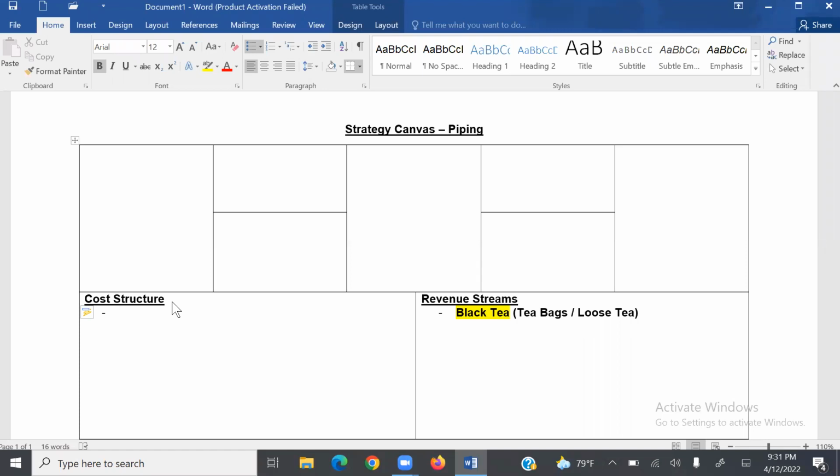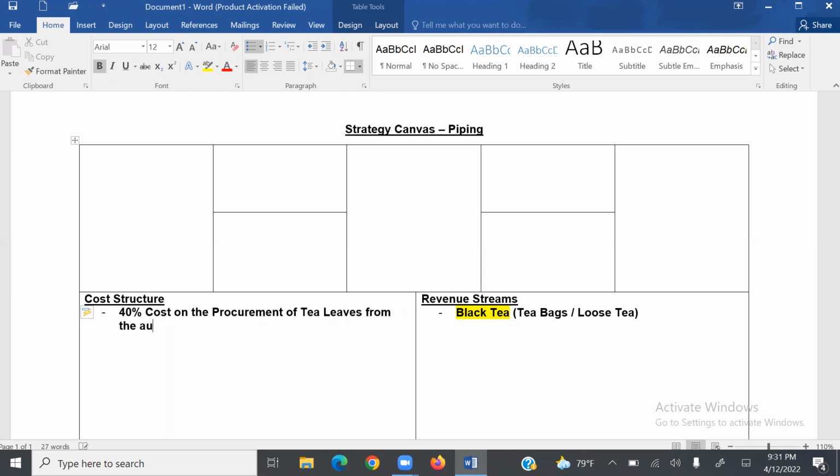Correct, Monica, if I'm not mistaken? Yes, sir. So I'll write down here: 40% cost on the procurement of tea leaves from the auction.